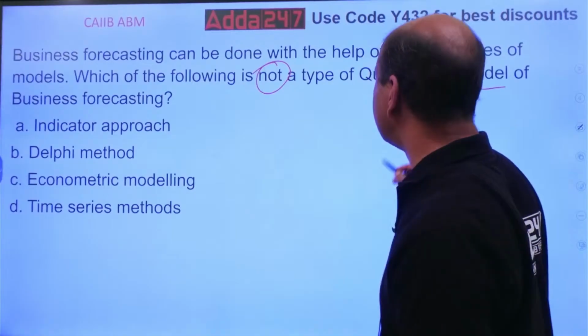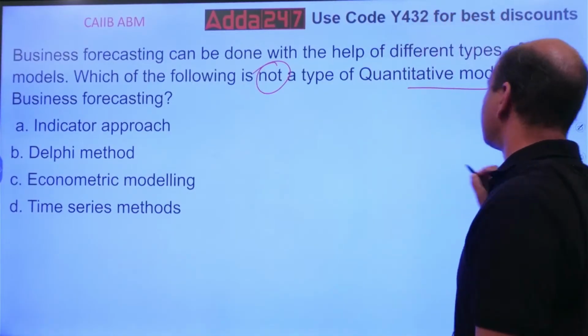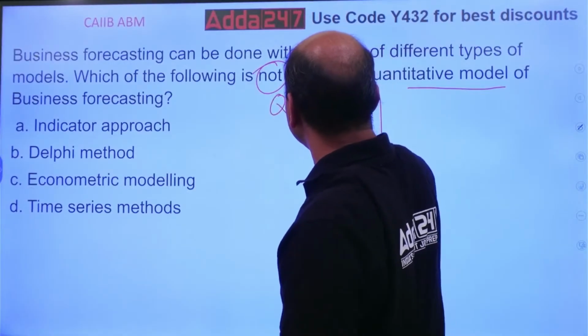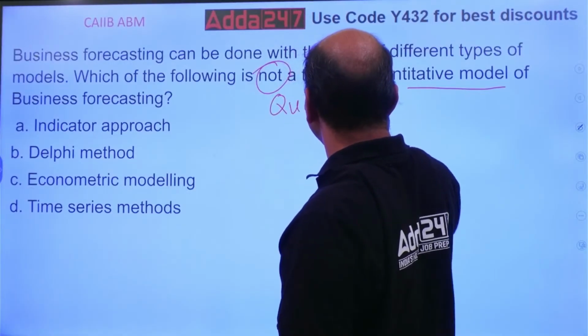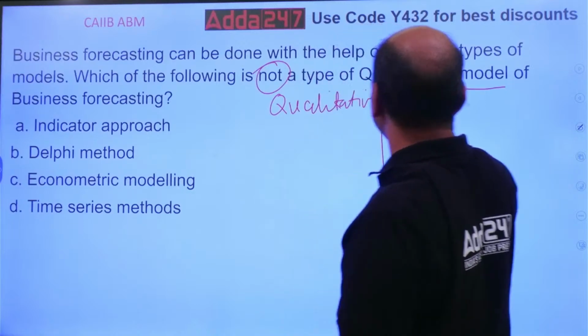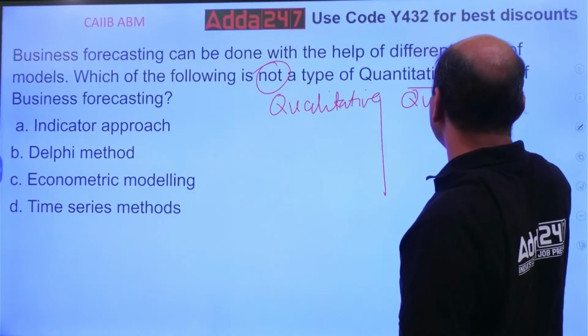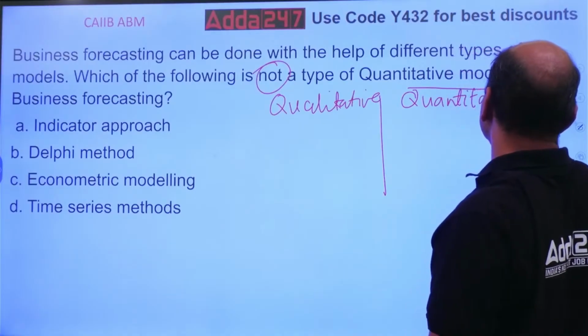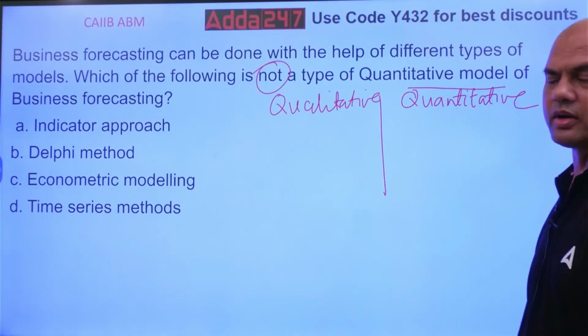See this. Firstly, I'll give you not the quantitative model. So let's say there are two models. Qualitative, and second one is quantitative. Okay, these are the two models, qualitative and quantitative.